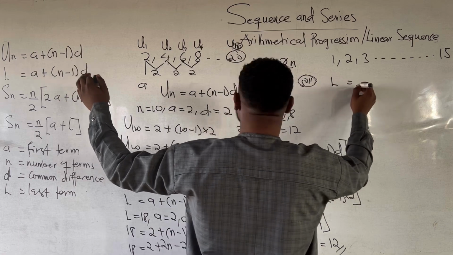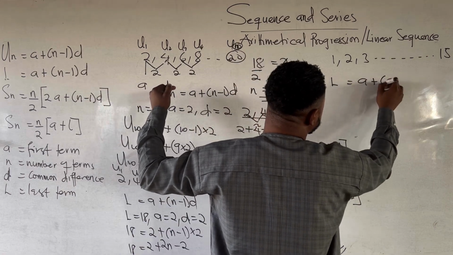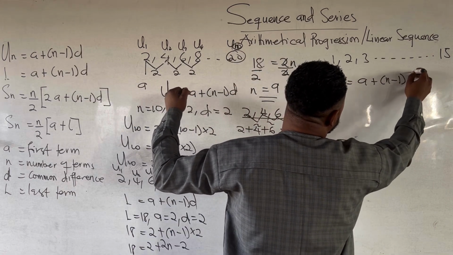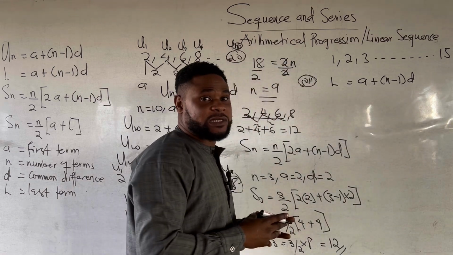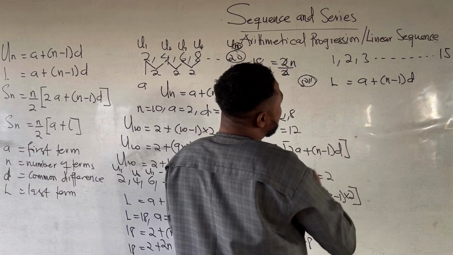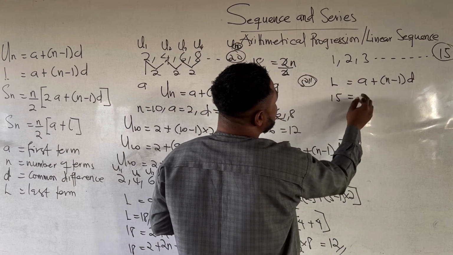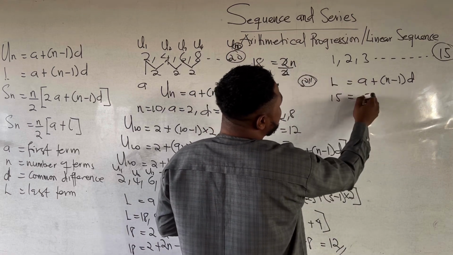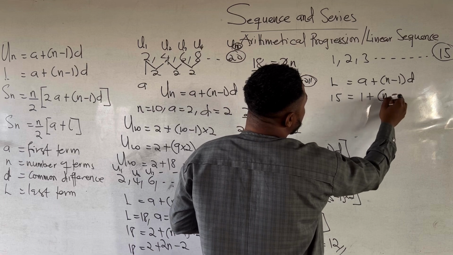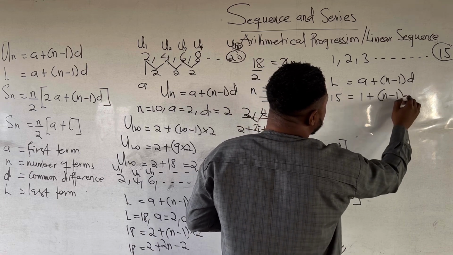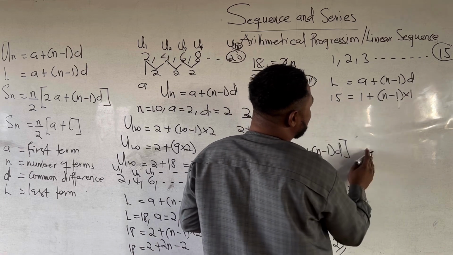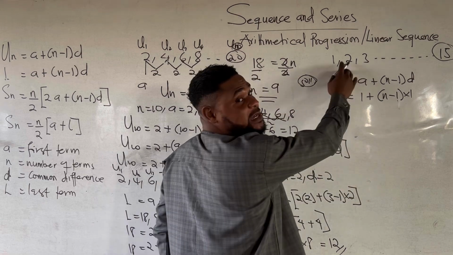So we can combine 2 formulas. Don't forget, we can combine 2 formulas to solve one question. All right. So here our L is the last term. So we have 15 here. Our first term is 1. N we don't know. All right. And our D will be what? 1, as we can see, the common difference here.